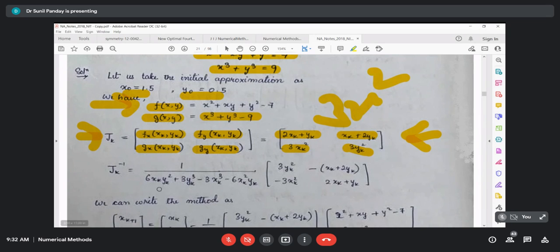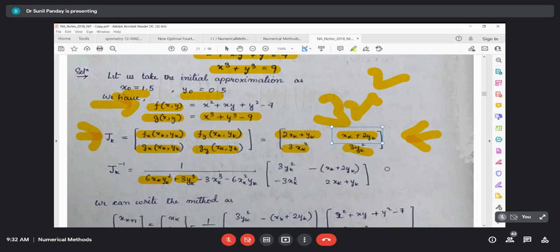To calculate the inverse, first I have to calculate the determinant. You know how to calculate this: multiply this, minus this multiplied by this, and you will get this expression. If you multiply this to this, you will get 3 x k y k square plus 3 y k cube. Then you multiply this to this, minus 3 x k cube minus 6 x k square.